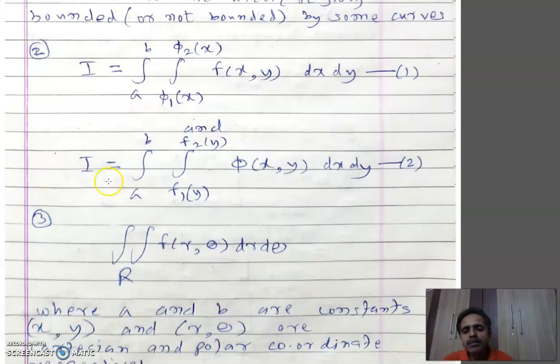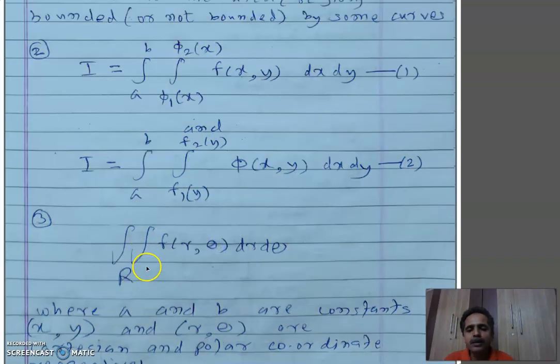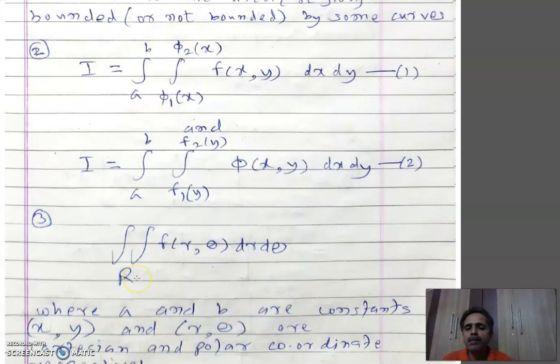Look at the third example. Here we have the double integration f(r, theta) dr d theta, and this double integration is taken over the region R. Here r and theta have their usual meaning: r and theta represent polar coordinates. So we have seen that a and b are constants, x and y represent Cartesian coordinates, and r and theta represent polar coordinates.